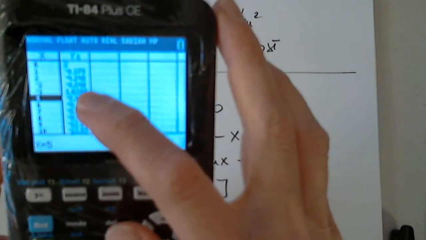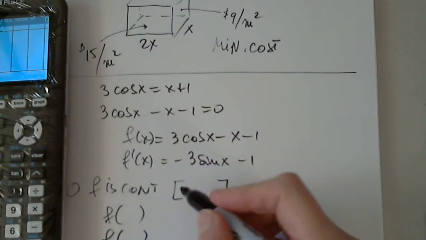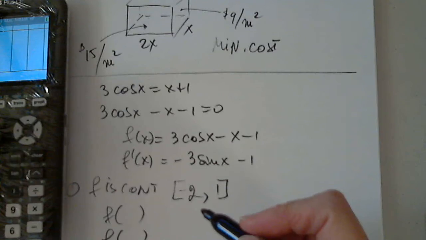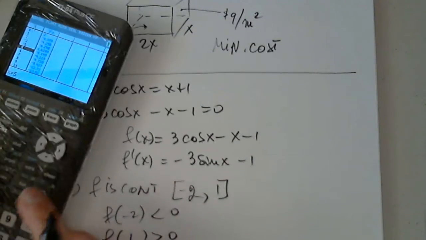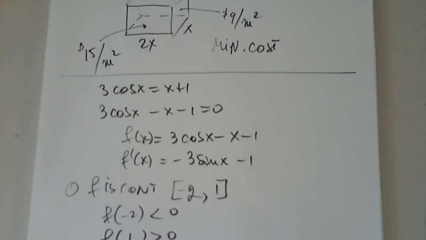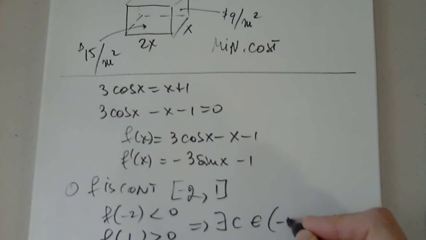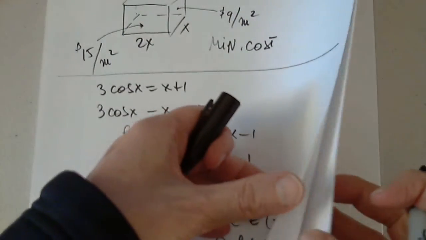Between negative 2 and negative 1, there is a solution. At negative 2, the function is negative, and at 1, the function is positive. By the intermediate value theorem, there must be a solution between negative 2 and 1. So there is a c in the interval negative 2, comma 1, such that f of c is 0.